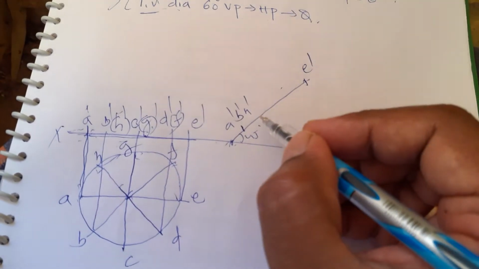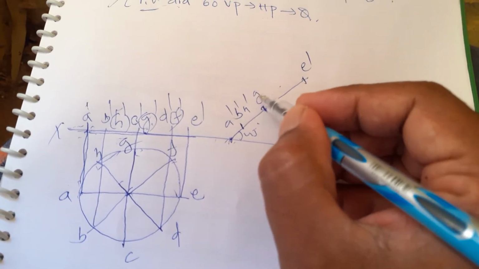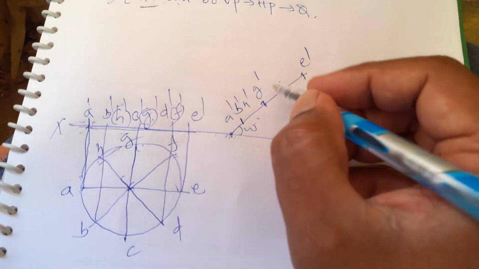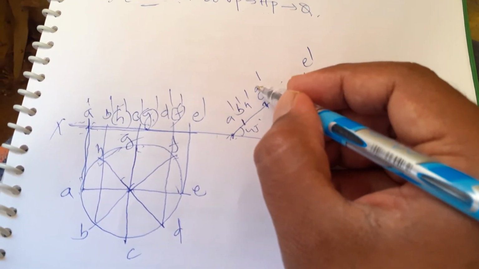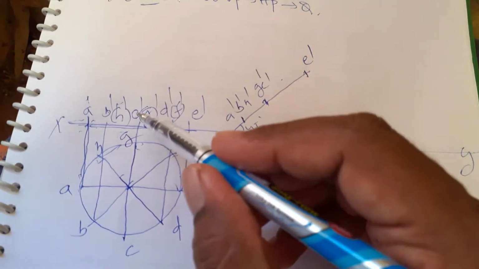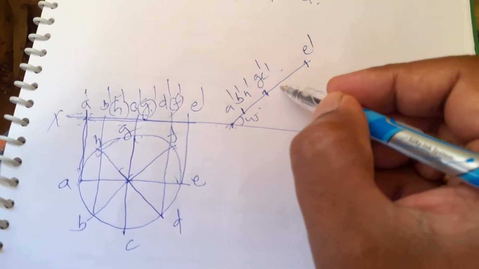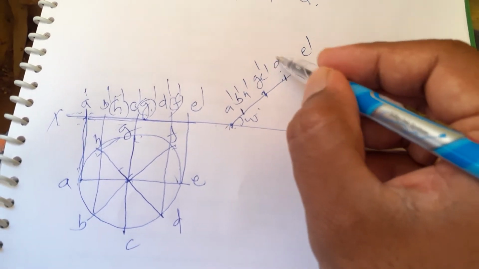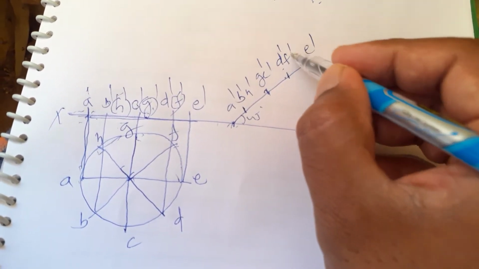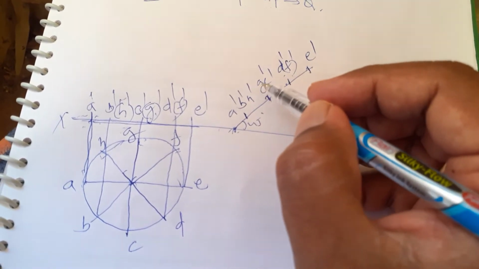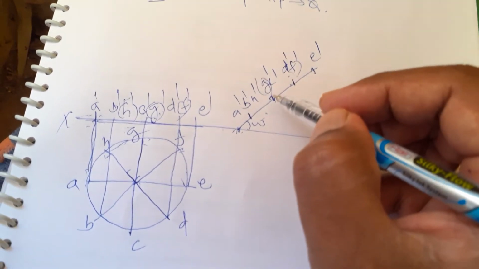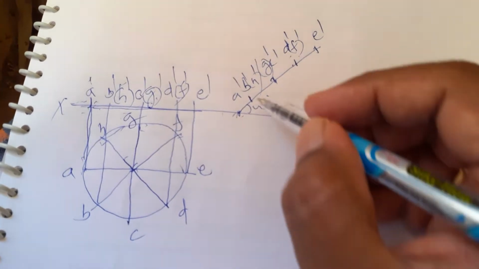From here to here, that is the center: C dash and G dash. D dash and F dash. F dash, G, and H are in the bracket. Make this one dark.